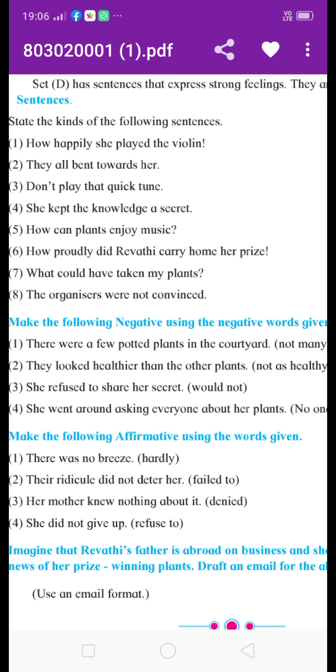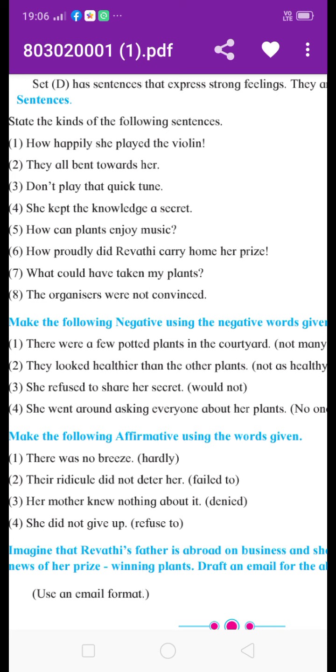If you use this prefix, the meaning of the sentence is not going to change. For example, if there is the word possible, we can write impossible. If there is the word important, we can write unimportant. Like this way, we can write the opposite word while changing.